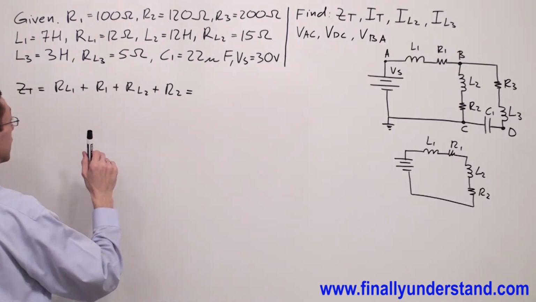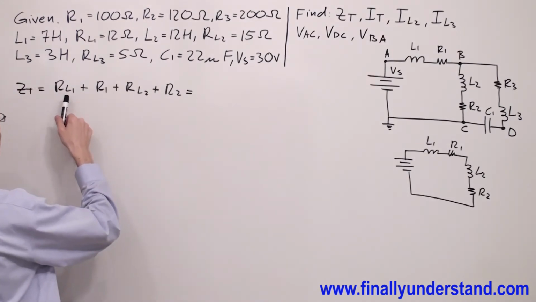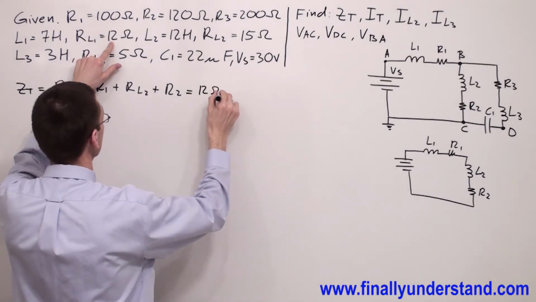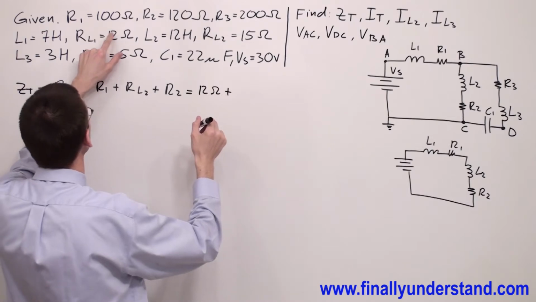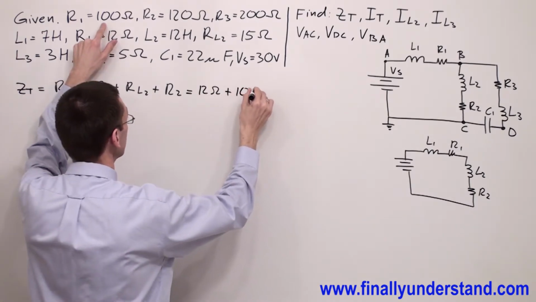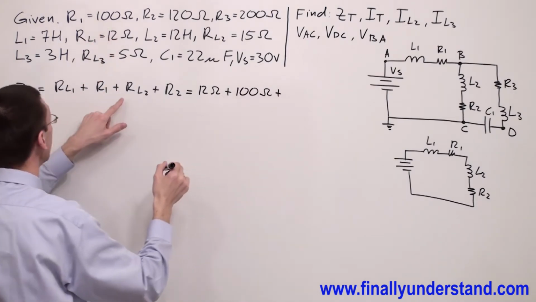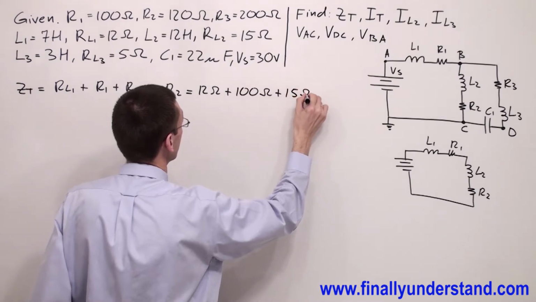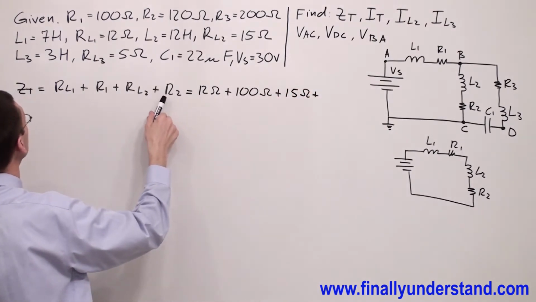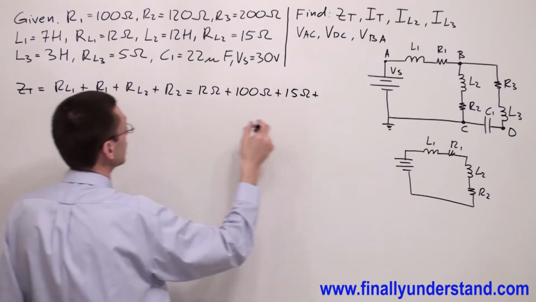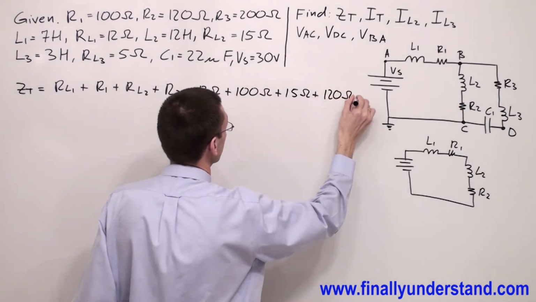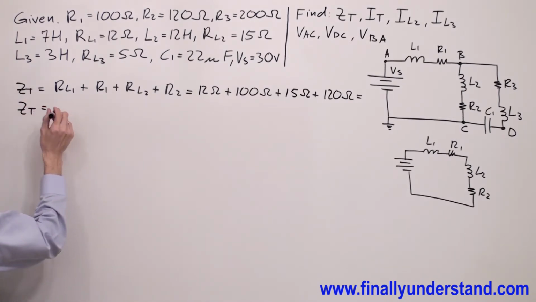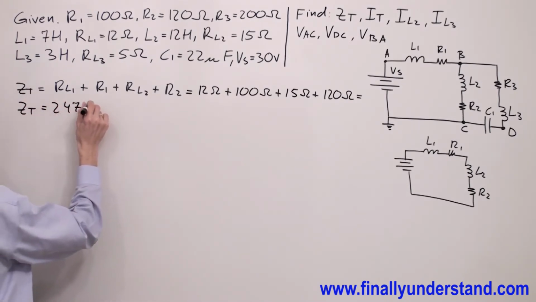So let's plug in the numbers. RL1 is equal to 12 ohms. So I have 12 ohms plus R1, which is equal to 100 ohms, plus RL2, which is equal to 15 ohms, plus R2, which is equal to 120 ohms, equals 247 ohms.